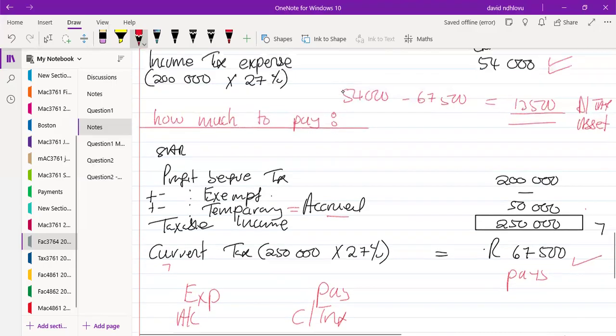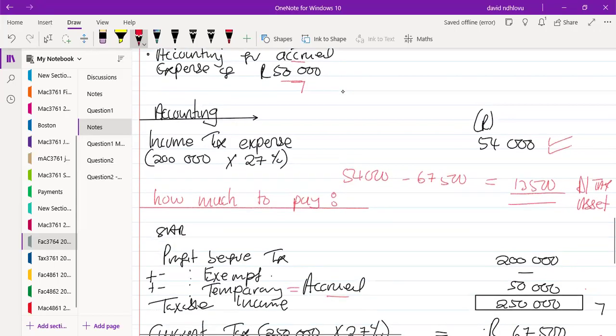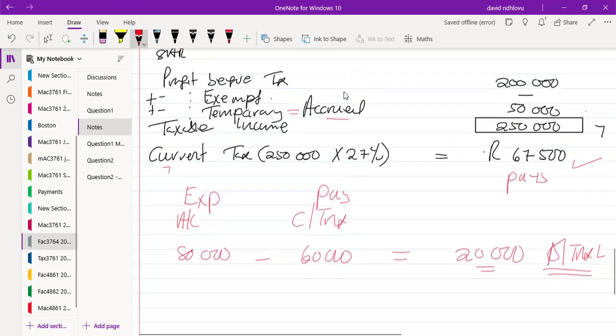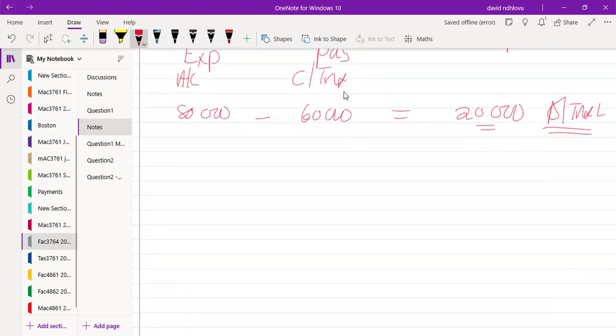Here I was just introducing this simple example so that you have a mental understanding of what deferred tax is. However, when you do your calculations for the current tax, this is the correct way of doing it to earn marks in the exam. And this is the only method that you're going to apply.